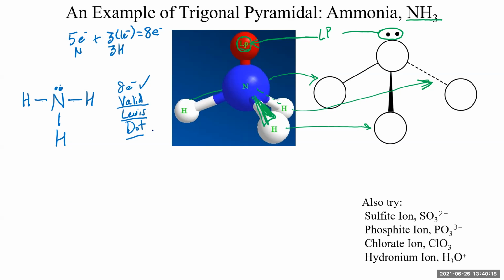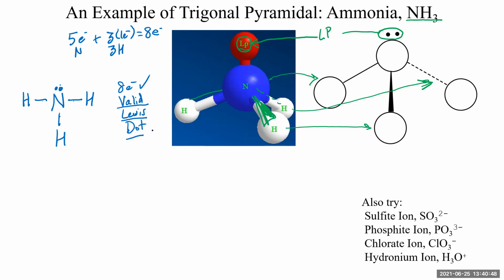And then the topic we're going to cover after this, molecular polarity, derives from a proper shape or molecular geometry. Each one of these sections builds on top of the other. So you cannot do the last thing without doing the first two things. You can't do the middle part without doing the first part. It all starts with the Lewis dot structure. Then you determine the molecular geometry. And then finally, you can determine the polarity or non-polarity of the molecule, which we'll talk about in the next video, not in this one.